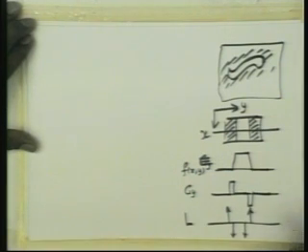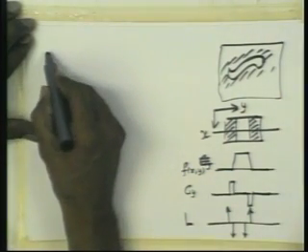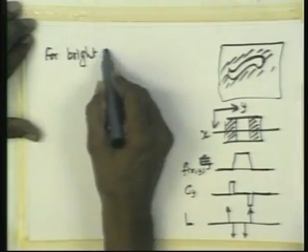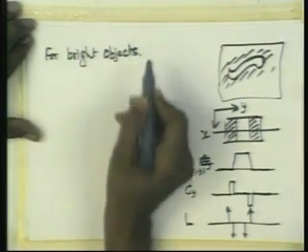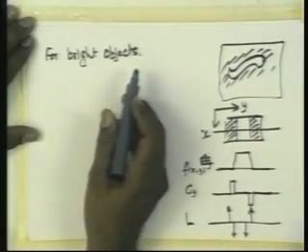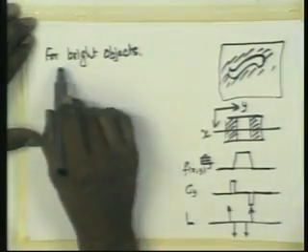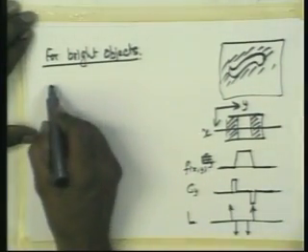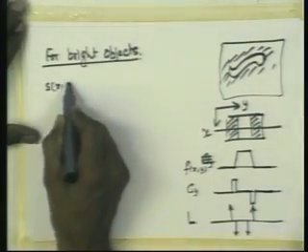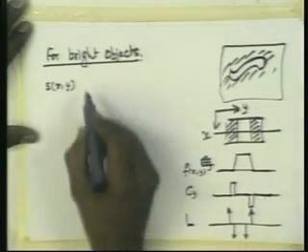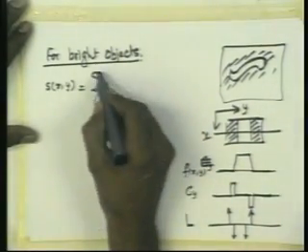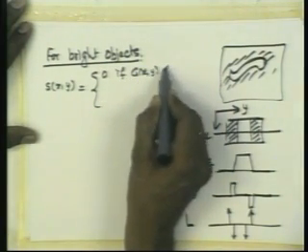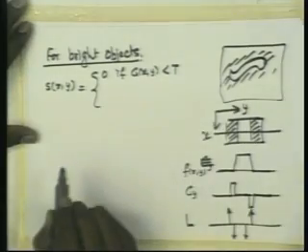Now, for bright objects, first of all let me define three levels of intensities. I'll say that the transformed image S of x, y is 0 if my gradient is small enough, that is, less than some threshold.